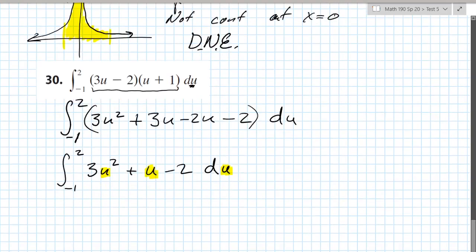Now I can find an antiderivative of 3u squared plus u minus 2. I do not want to try to find an antiderivative of the original problem since it is a product and I don't really have a way yet to think about antiderivatives of products.